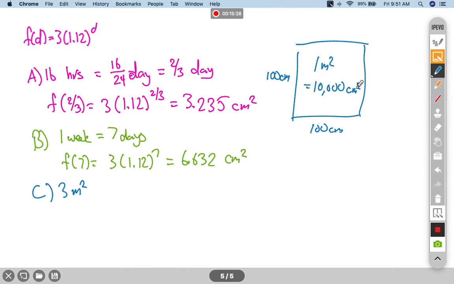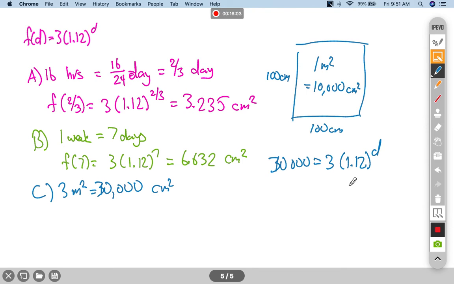So 1 square meter is not 100 square centimeters. 1 square meter is 10,000 square centimeters. And our function is working with square centimeters. So I have to use that number. And I will come along and say 10,000. Oh, but I want 3. So I need 30,000.